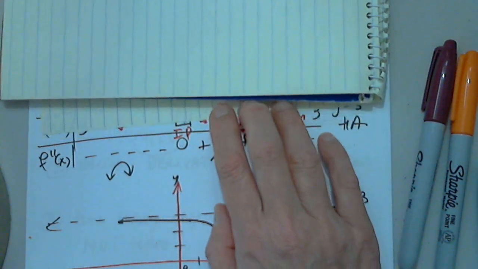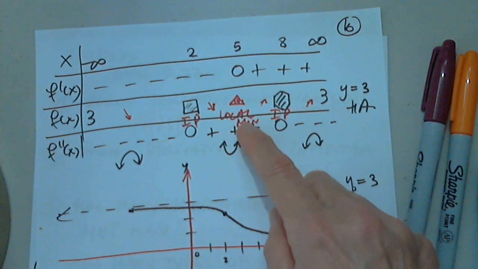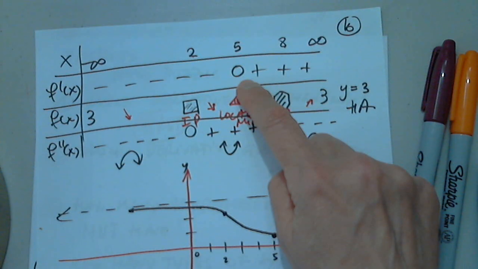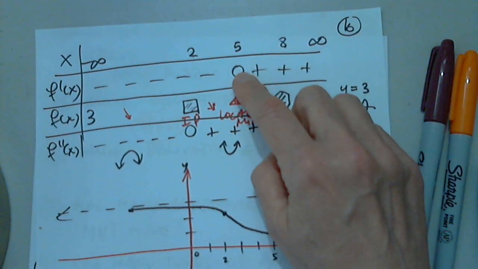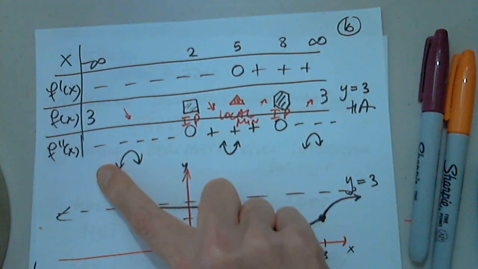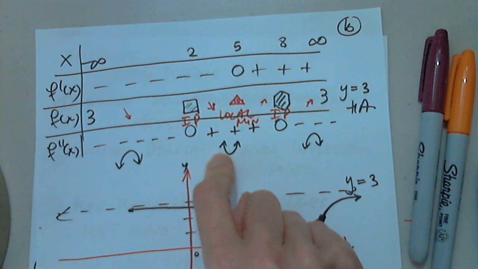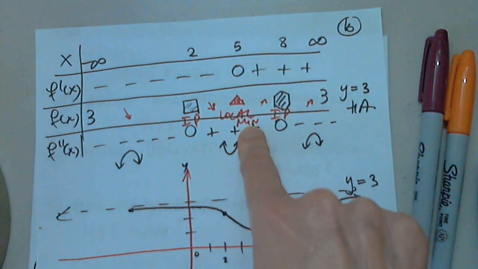And look what happened here with this graph. Yes, it did. We found a critical number, or it was given to us. We had a critical number here. That's why, because the second derivative tells us that the function opens up and there is a critical number there, this must be a local minimum.